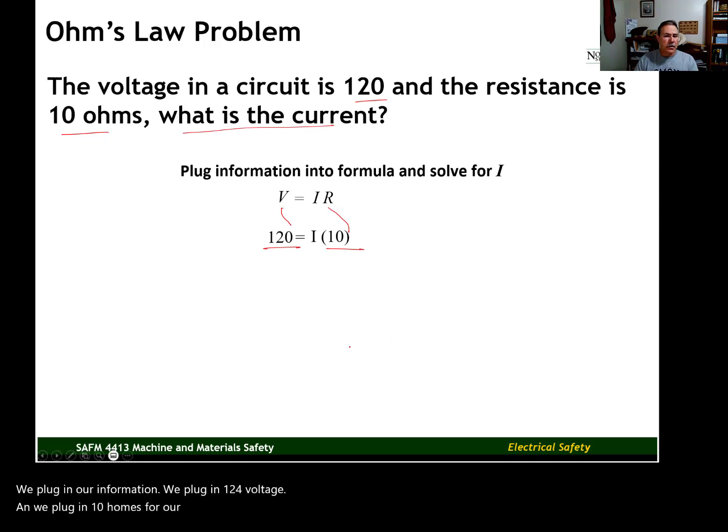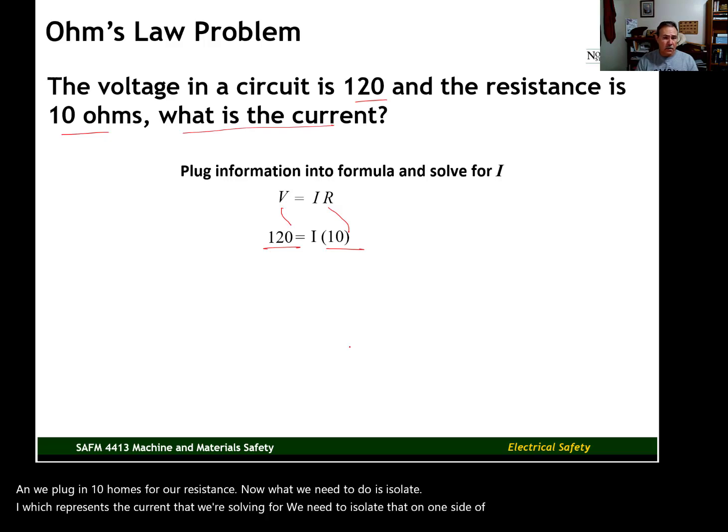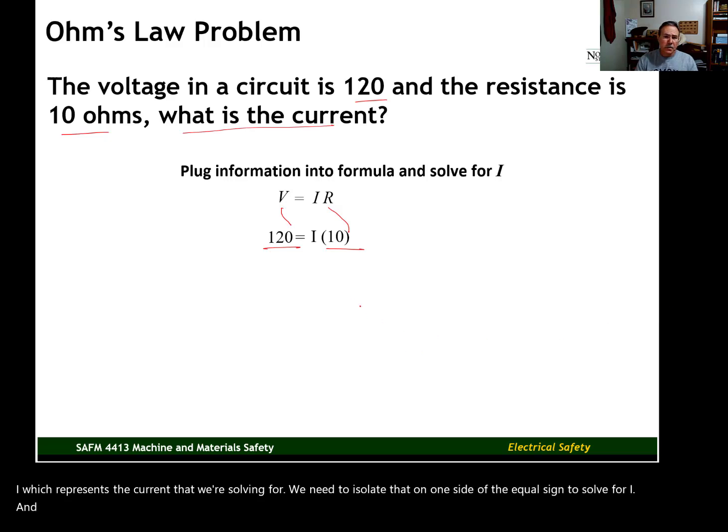Now what we need to do is isolate I, which represents the current that we're solving for. We need to isolate that on one side of the equal sign to solve for I. And it's very simple algebraic transposition. We just divide both sides by 10.